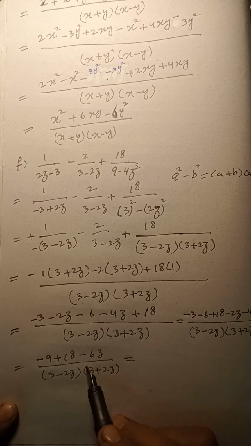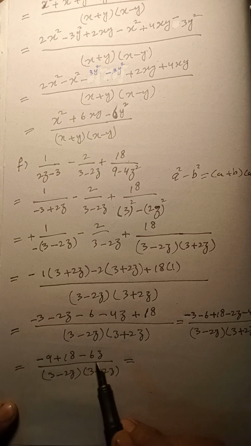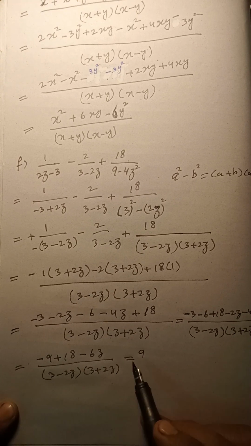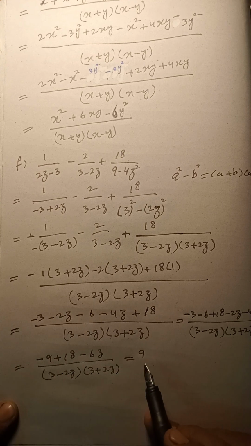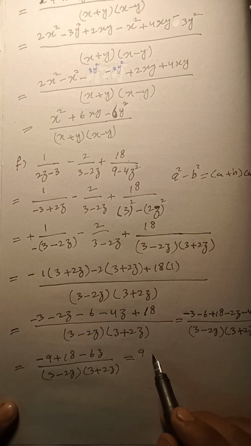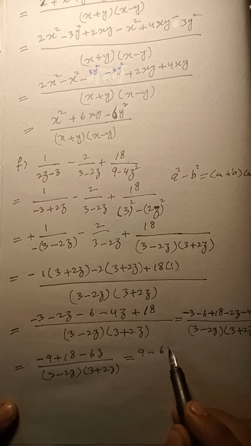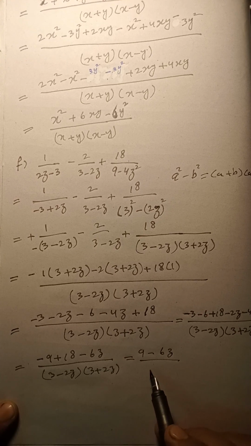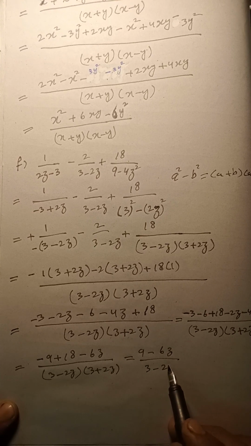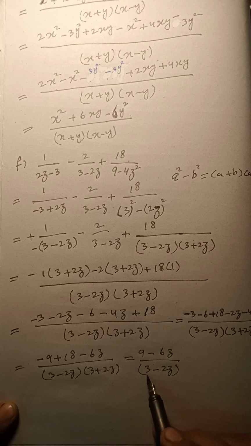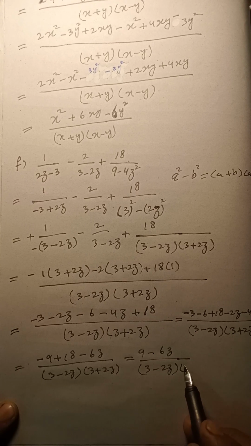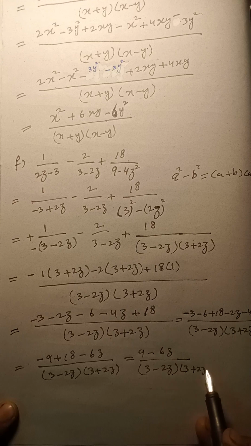Now here from 18 subtract 9, the answer is 9, because both carry different signs, so we will subtract and write the sign of the bigger term, and then minus 6z over 3 minus 2z into 3 plus 2z.